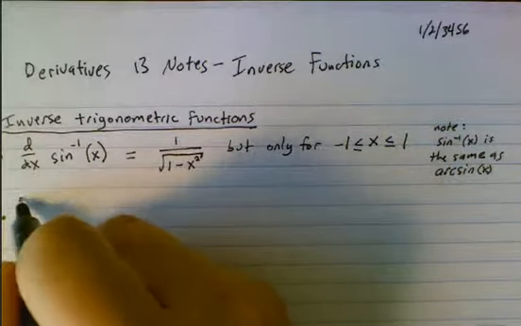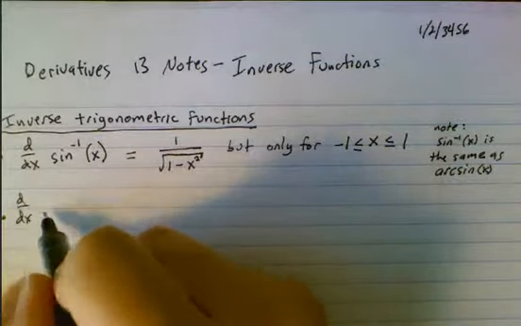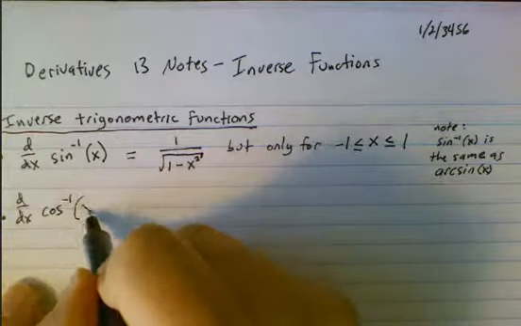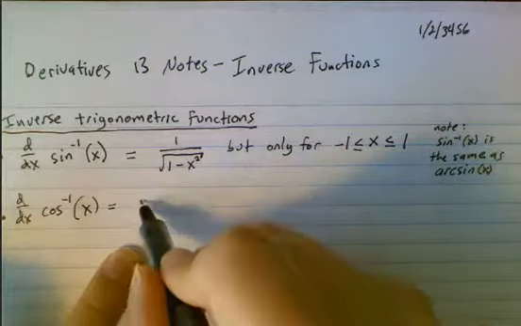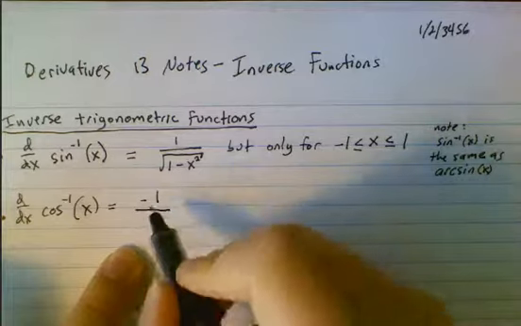The next one's pretty similar, derivative of the inverse cosine of x. Almost exactly the same, but there's a -1 instead of a +1.